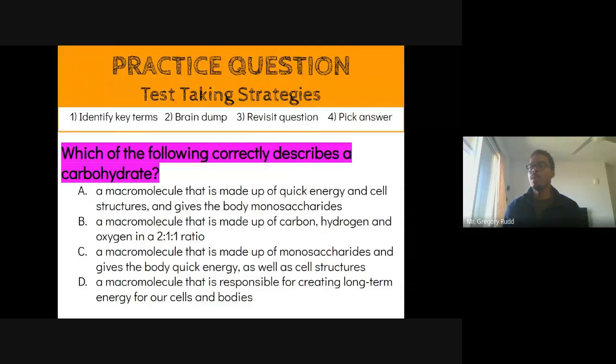So, a practice question. We want to think about some of our test taking strategies in preparation for some of the exams that we'll take, and also in preparation for the big exam at the end of the course, the EOC exam. When you are looking at a multiple choice question, before you even look at the answer choices, you want to make sure you understand what the question is asking.